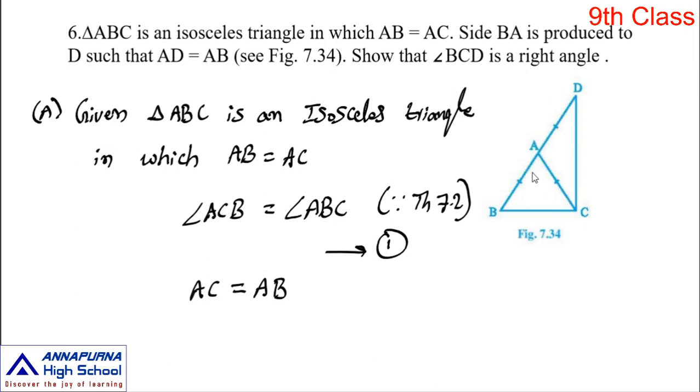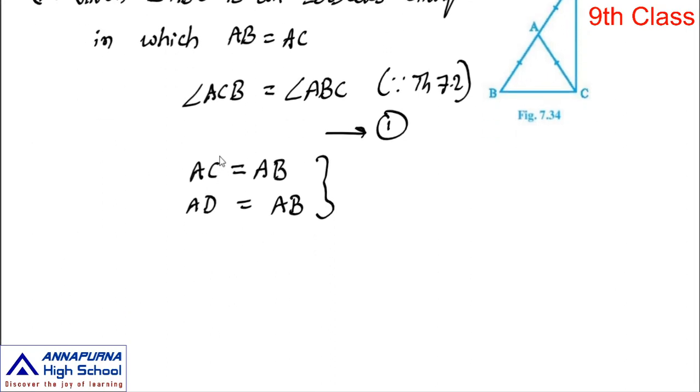And given condition AD is equal to AB. So AC is equal to AD. AC is equal to AB and AD is equal to AB, so AC is equal to AD.